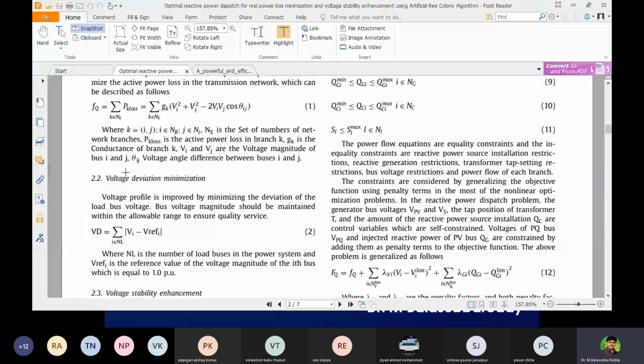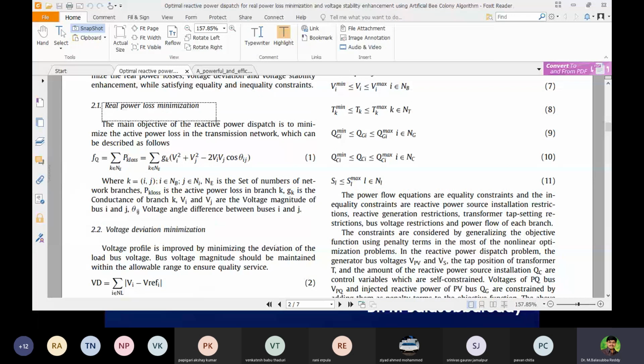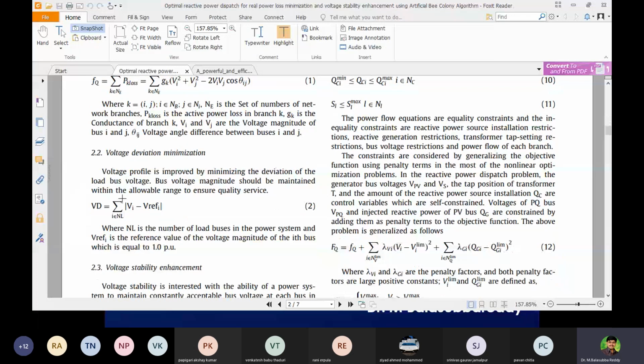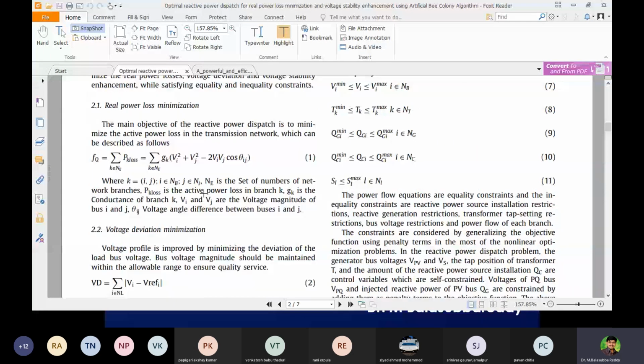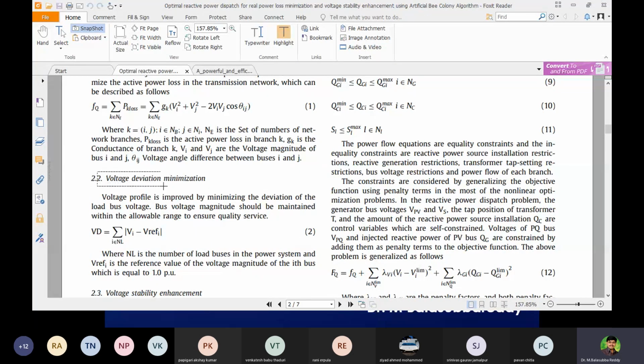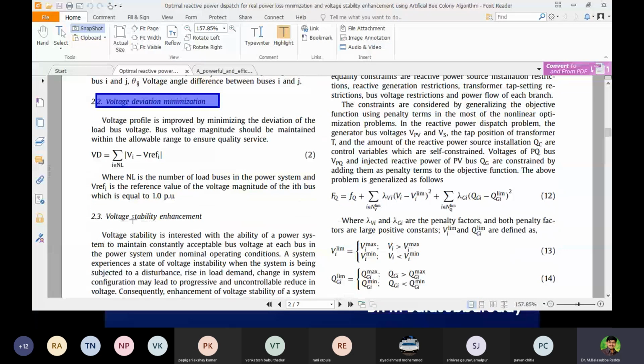Second, if I want to minimize voltage deviation, I don't want to bother about the loss or the stability. But in a real case, I don't want to leave them at their values, because I want to minimize all the parameters. So in multi-objective optimization, at a time it has to consider some weightage for loss minimization, weightage for voltage deviation minimization, and weightage for stability enhancement.